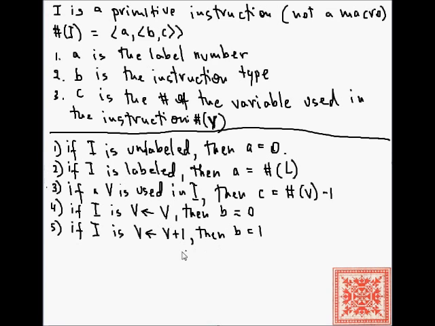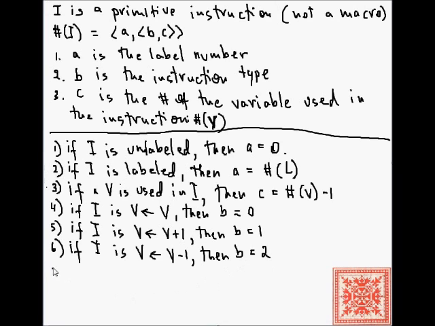And this is just a convention, right? And if I is of the type V ← V − 1, then B is equal to 2.